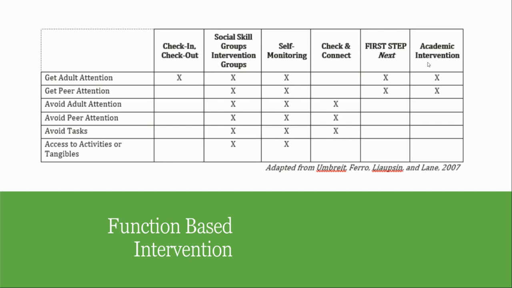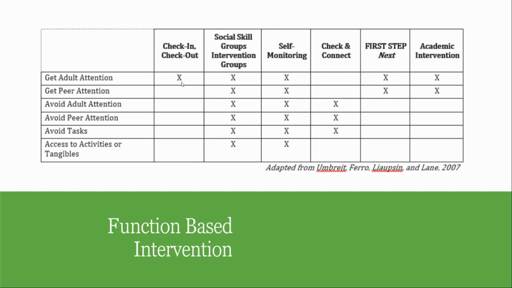There are other interventions. Again, you always want to make sure that the intervention is research-based, that there is some research to show that this intervention works with a particular function and that the intervention has some data to back it up. So as we can see, check-in, check-out works very well for students who are trying to get adult attention.